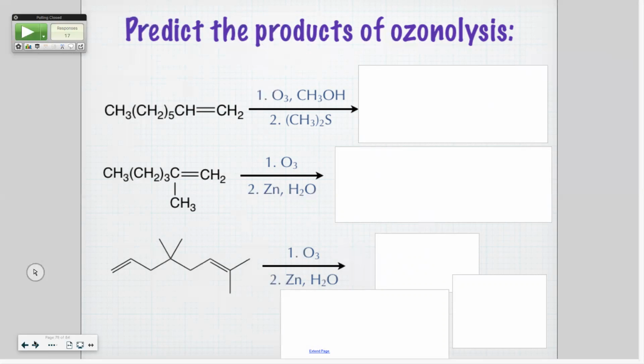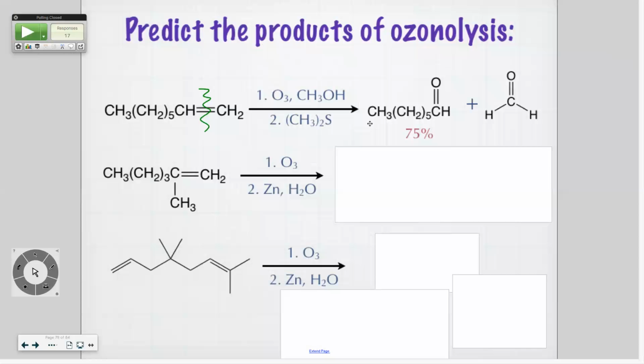All right, so what are we going to do? We're going to break the molecule at the double bond. And you're going to basically put a carbonyl on the left carbon and a carbonyl on the right. It's even easier than the other one. Does anybody know what the compound on the right is called?